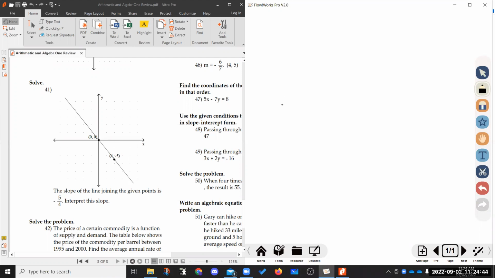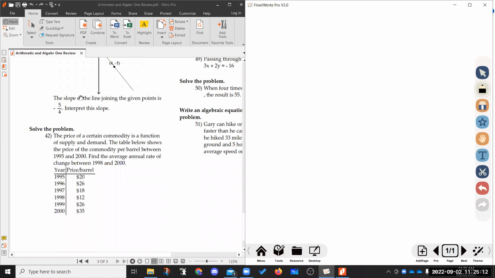Like, let's say that this is gallons of gasoline, for instance, and this is miles here. You're going to get a rate of change of miles per gallon, something like that. Or you could have time here and distance here, and you could get feet per second. It's negative, which means that it's decreasing. So that's important to know, that a negative slope is a decreasing function.